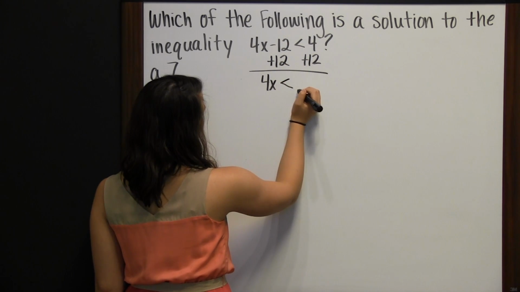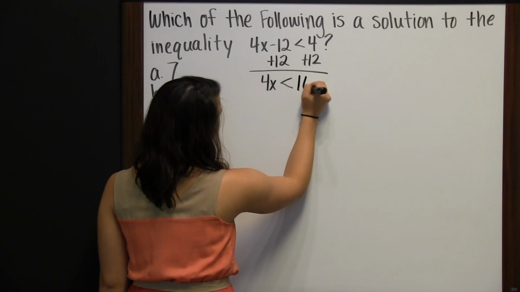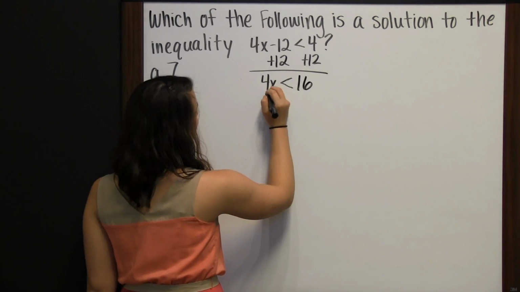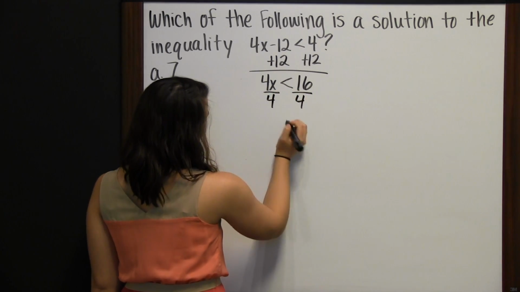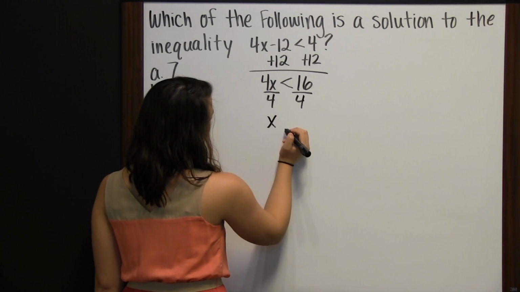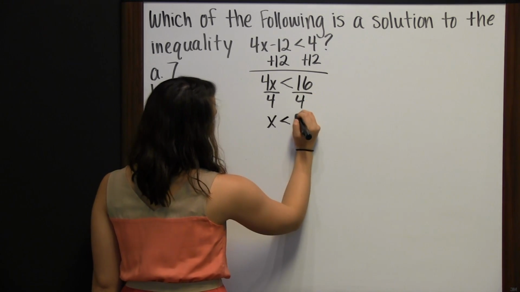Bring down our less than sign, and 4 plus 12 is 16. Then we need to divide both sides by 4. 4 divided by 4 is 1, times x is x, is less than 16 divided by 4 is 4.